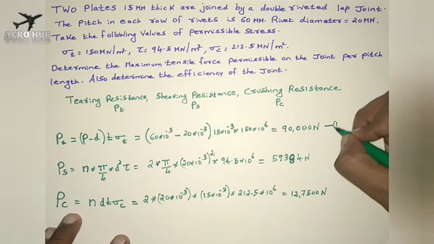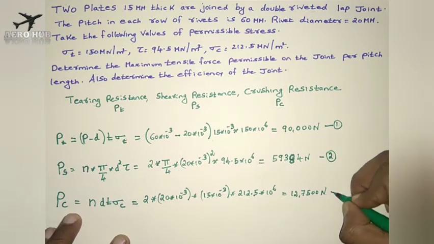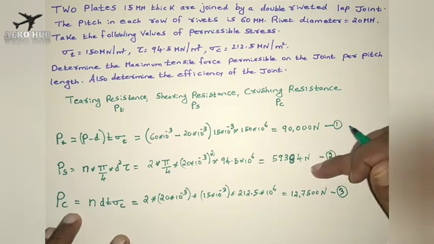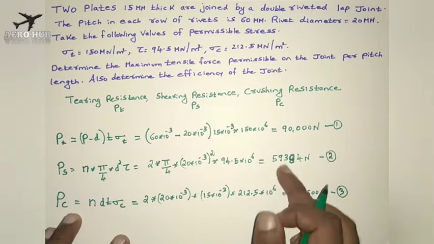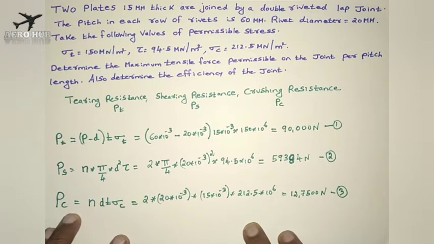Okay, so we got the value of tearing resistance, which I put as equation number 1, shearing resistance as equation number 2, and crushing resistance as equation number 3. Out of these three values you can see that the shearing resistance is minimum. If I compare equation numbers 1, 2, 3, equation number 2 is less than any one, that is 59,384 Newton.